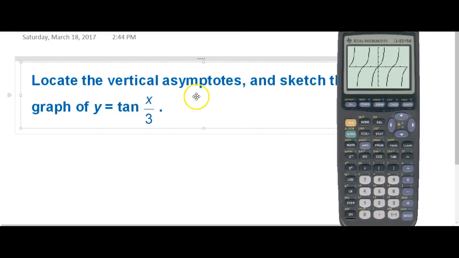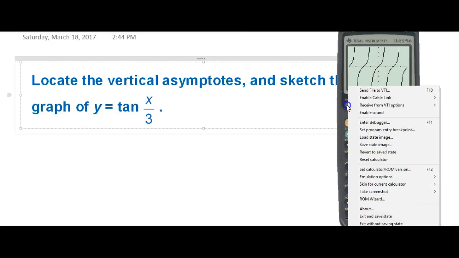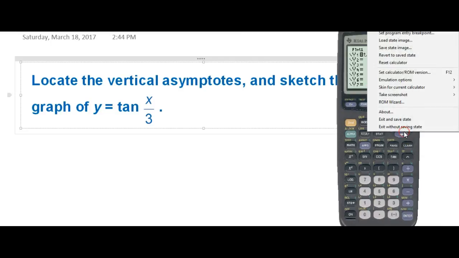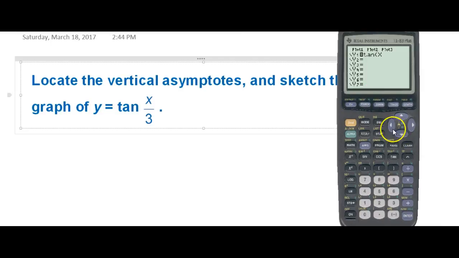As you can probably predict, dividing by 3 on the inside of the function is going to cause this to shrink horizontally. So let's take a look at that before we start to learn how to get the asymptotes. If we type in tangent of x over 3 and graph those together, here you see that it is expanded horizontally.